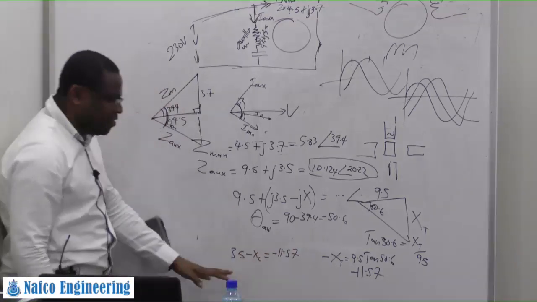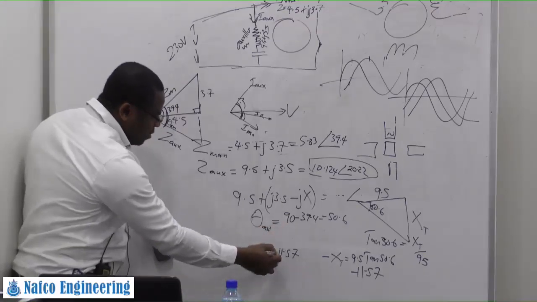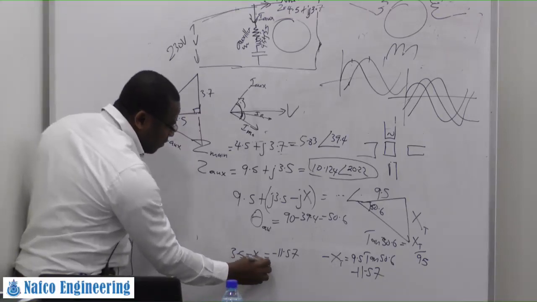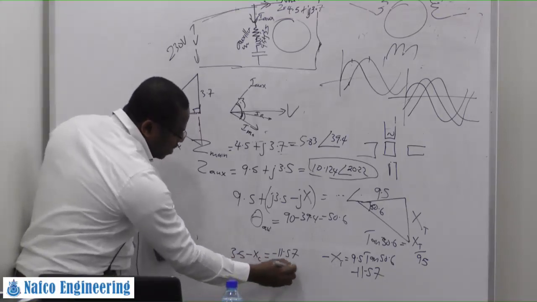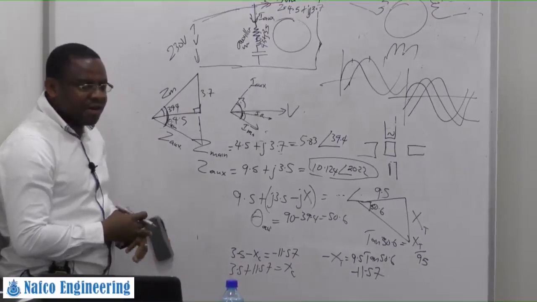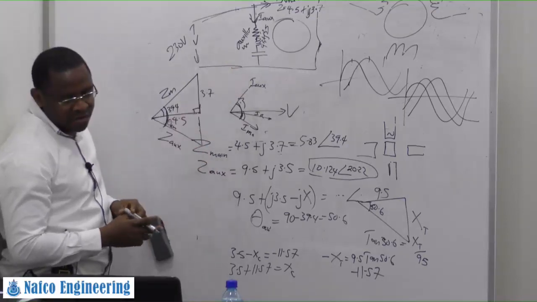When you take this one to the other side, 3.5 plus 11.57 will now give you the capacitive reactance that you need to bring into this to create that quadrature.